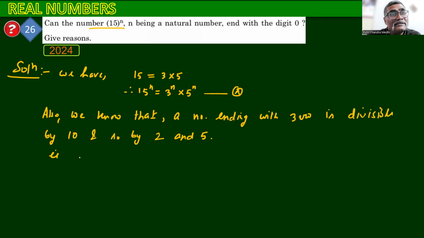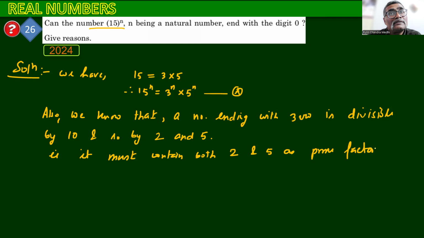That is, I'm talking about the number, it must contain both 2 and 5 as prime factors, so that it ends with a 0. Right? Now just justify. Do you have both the factors here? No, 5 is there, but 2 is not there. So you can directly write.